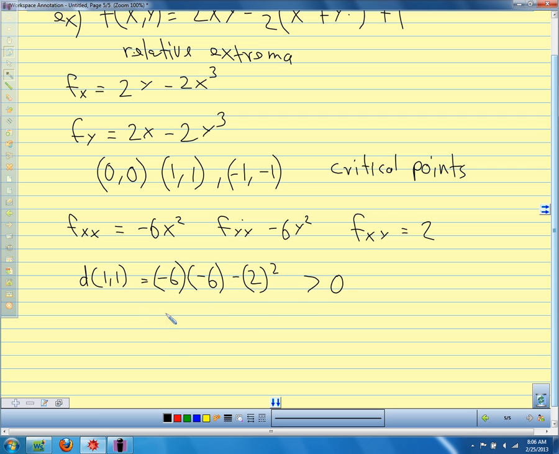So at 1, 1, our second partial with respect to x is less than 0, and D is greater than 0. So we have a relative max.